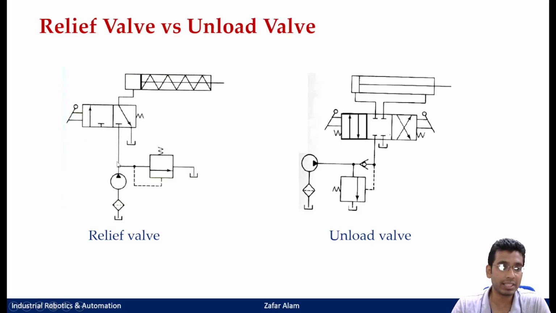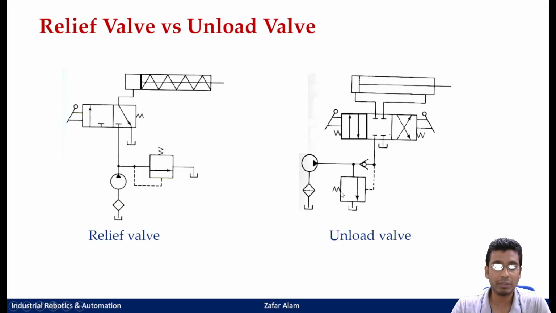That means your pump will continue to build the relief valve setting pressure. Say you have set it to 155 bar, that means your pump has to work continuously at 155 bar.